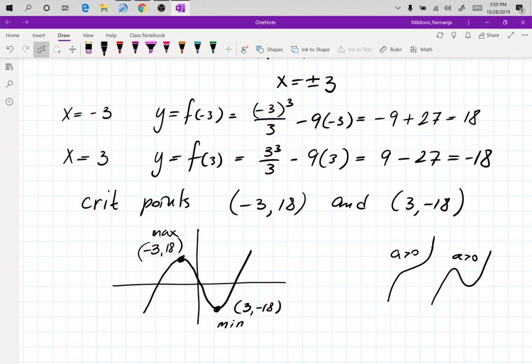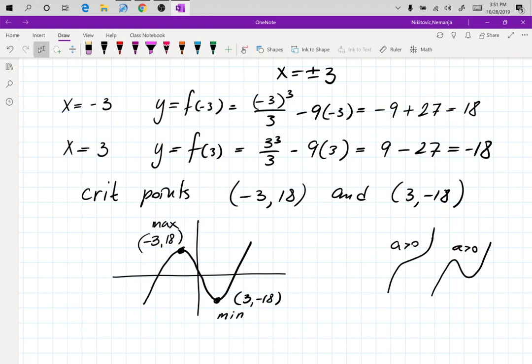Now I have to make sure that you understand that you don't have to have a positive number to be a max and a negative number to be the minimum, because of some of the problems that we are going to run into eventually.